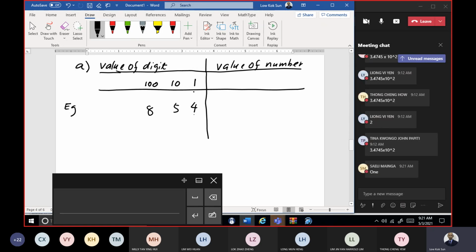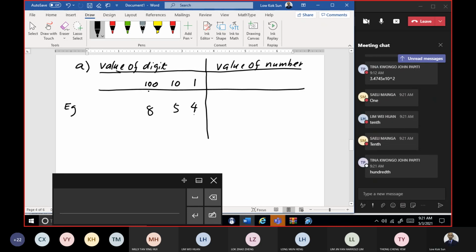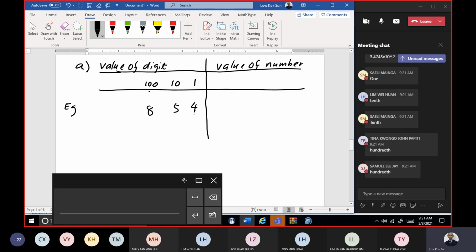The position is 1, a unit position. 5 has a value of what? 10. 5 represents 10. 8 represents what?